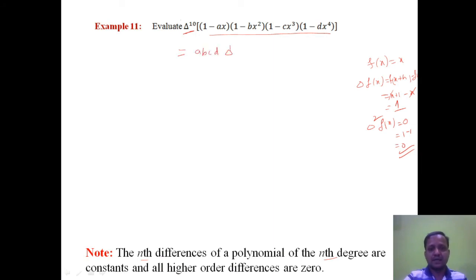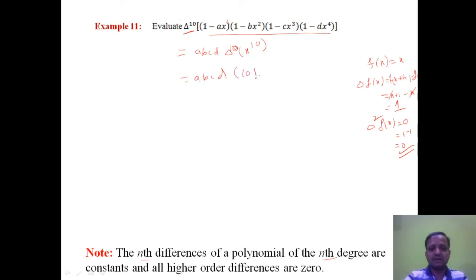According to that, this quantity is equal to a b c times delta power 10 of x power 10, and the remaining terms will become zeros only. Means we are applying the 10th order difference on polynomials below 9th degree, all will become zeros. So it is nothing but a b c d, a constant. What is that constant?